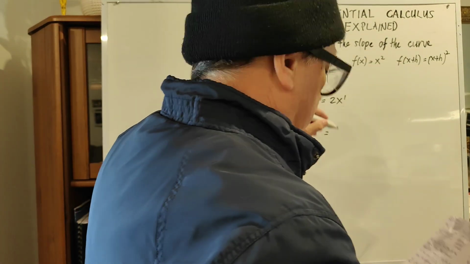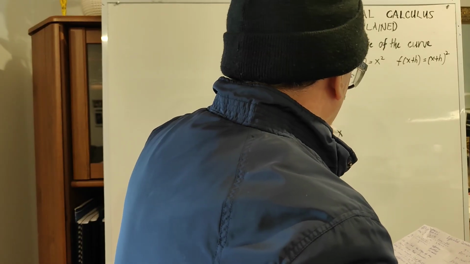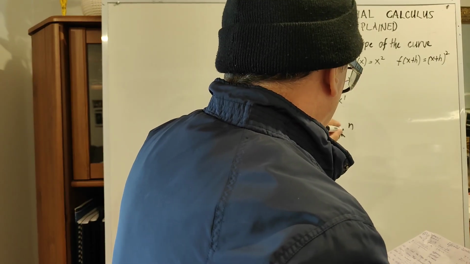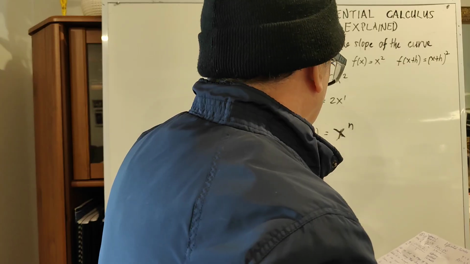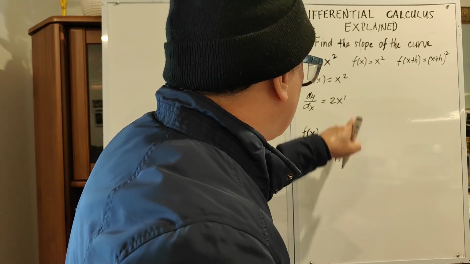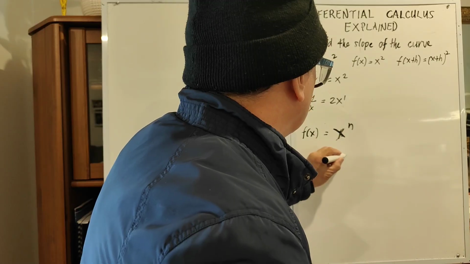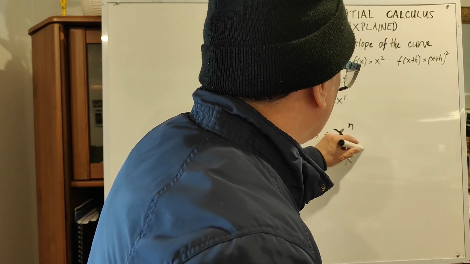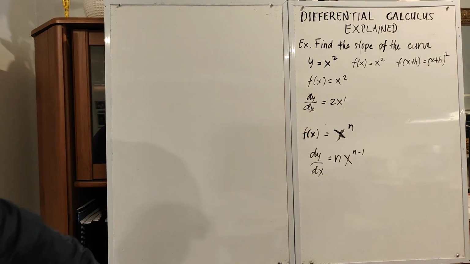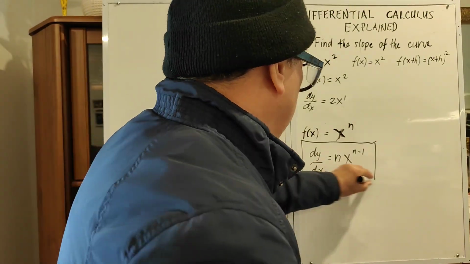If you have x to the n as your f of x, the shortcut is that the n will go to the front, so it becomes n, and whatever the exponent is, you subtract 1, so x to the n minus 1. This will be your slope, your dy over dx.